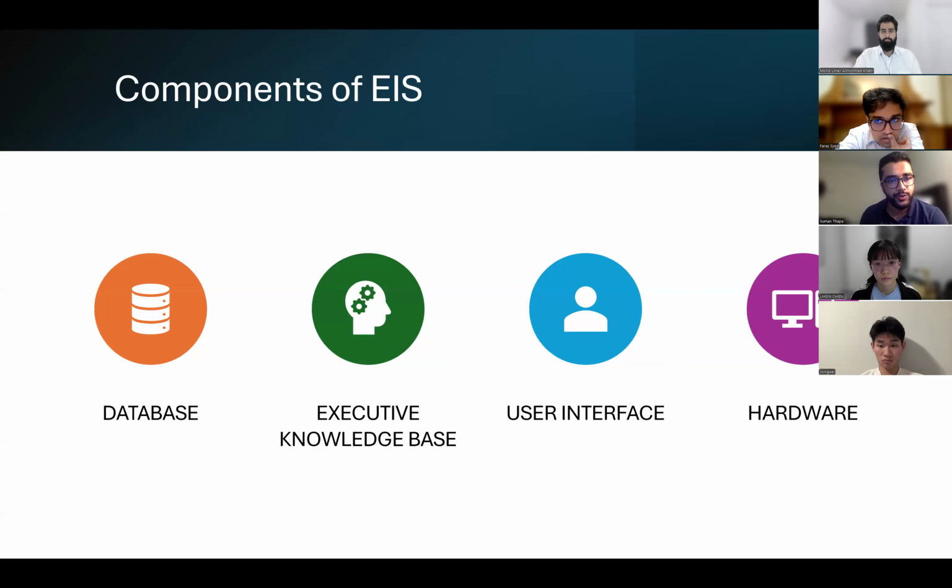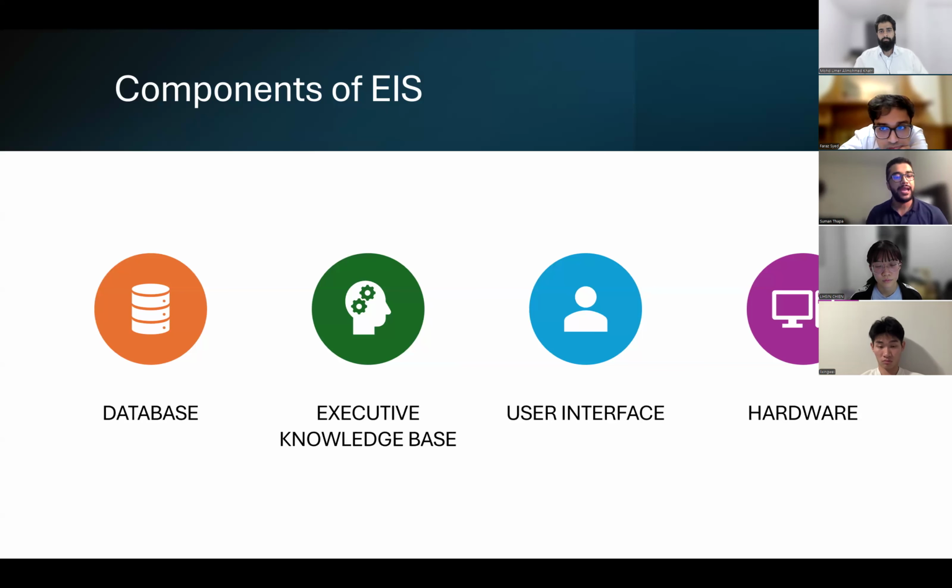The third one is the user interface. This is the part where the executives actually interact with the system. The EIS user interface needs to be intuitive and very straightforward, meaning it can be effectively and efficiently accessed by executives who might not have specialized technical skills.